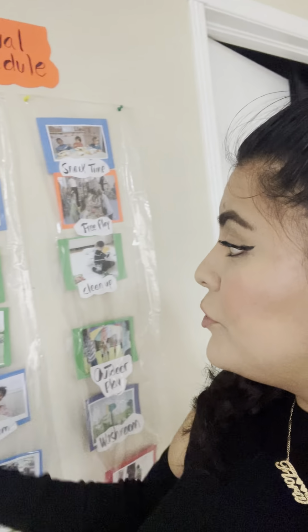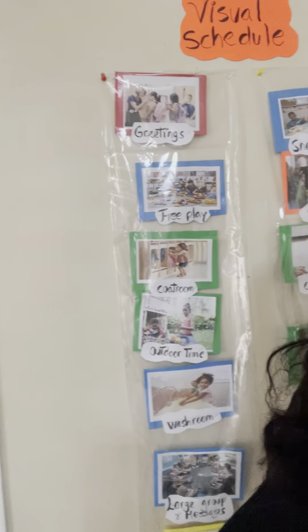Also, I determined that I'm providing the first snack for the day. And after, we have the coat room, or the area where the kids can choose to dress in order to continue with the next activity, which is outdoor time, outdoor exploration.